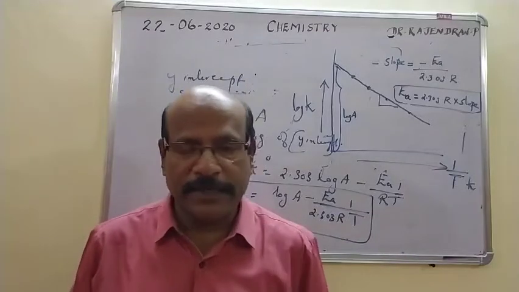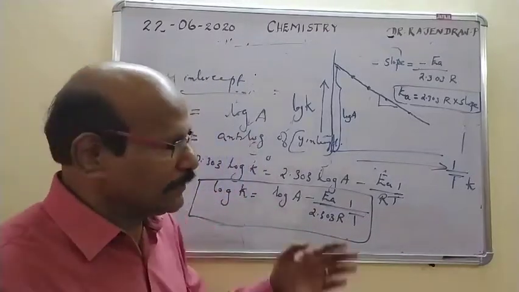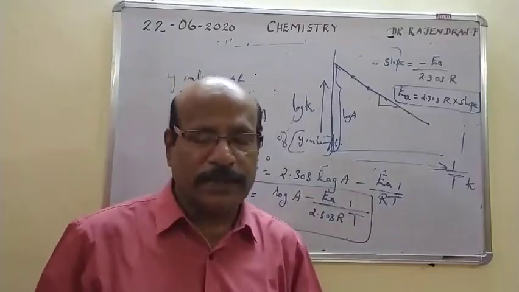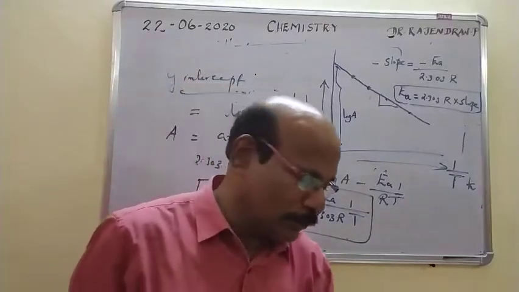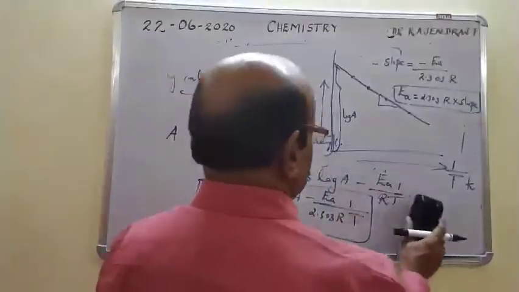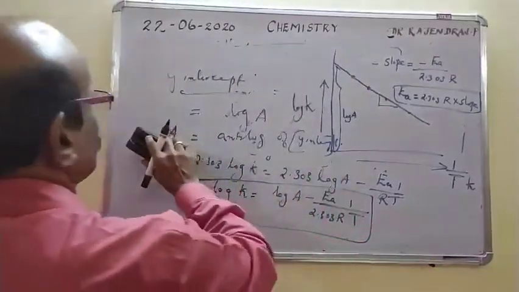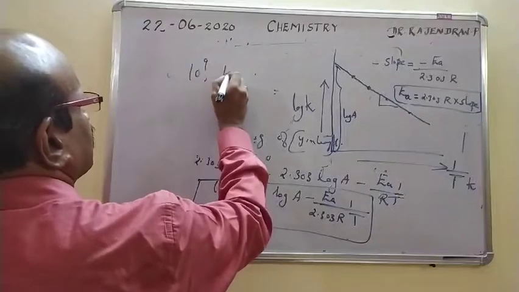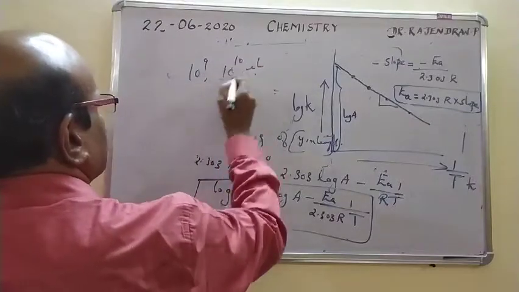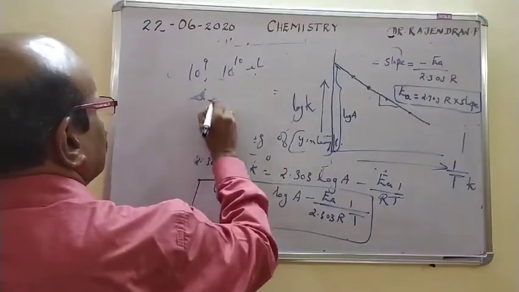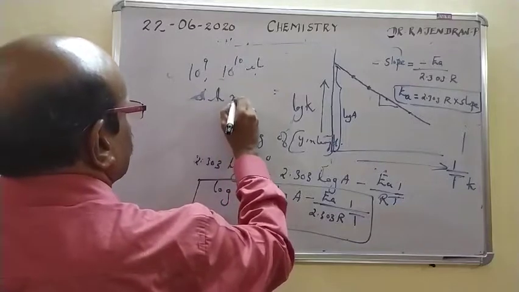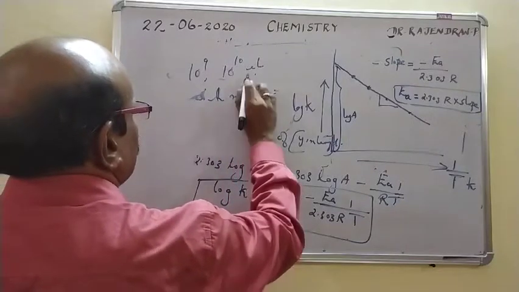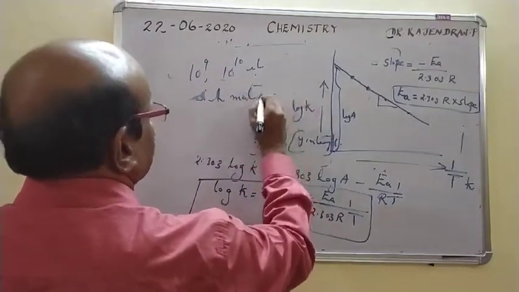Our second order rate constant unit is the same as the unit of this. The value is 10 raised to 9, 10 raised to 10, etc., in dm cube mole inverse minute inverse.